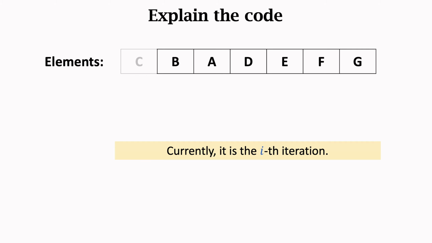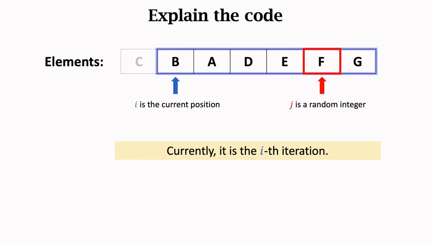For example, this is the ith position. We perform random sampling on the segment from the ith position to the end. Denote the outcome of the random sampling by j. In this example, the element in the jth position is f.